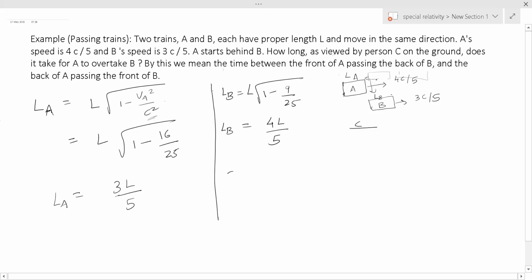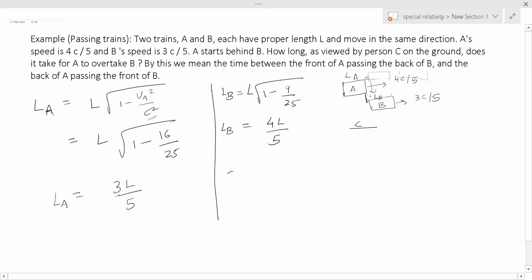Only when the train travels a distance of LA plus LB can we say that it has overtaken the other train. We are looking just as the front of A coincides with the back of B.